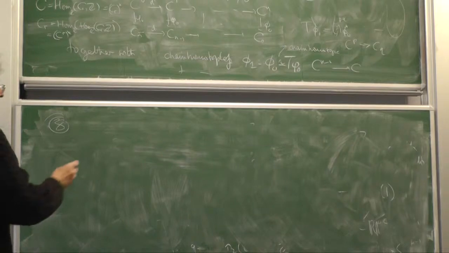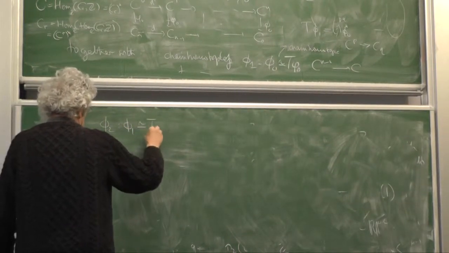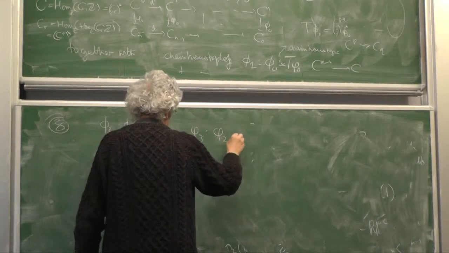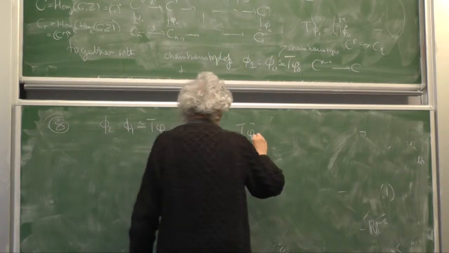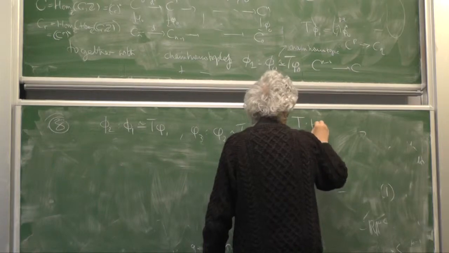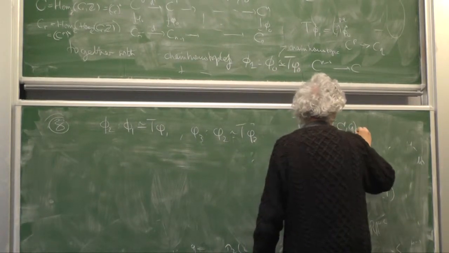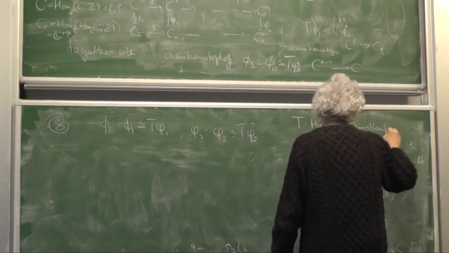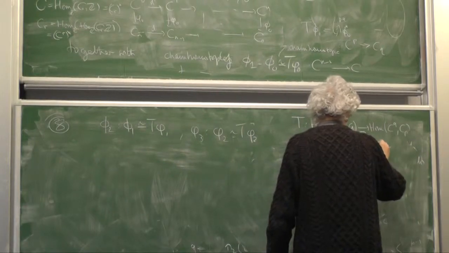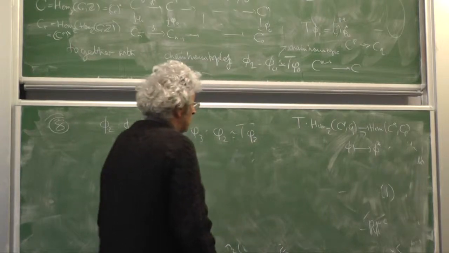Okay, general phi 2, phi 3. I haven't told you what t is. Maybe I should do that. T is just the thing which takes a double dual.